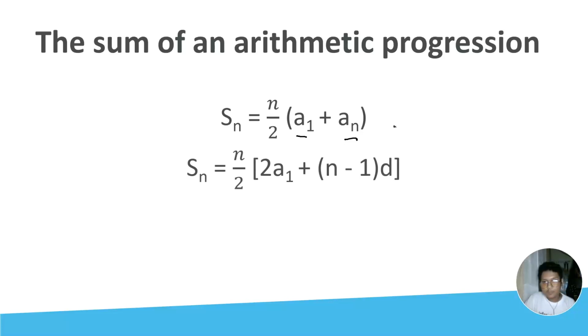Okay, isa pang formula, depende sa given, para mahanap yung sum of all the terms sa isang arithmetic progression is n over 2, where n is the number of terms, times 2 a sub 1 plus n minus 1 times d, common difference.